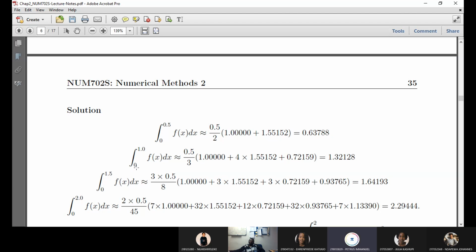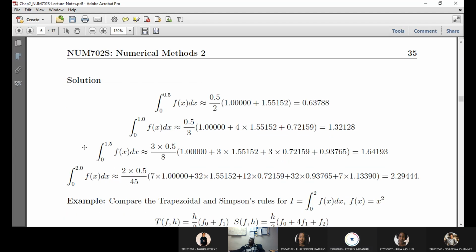The next one, Simpson's rule, we integrate from 0 to 1. For Simpson's 3/8 rule, we integrate from 0 to 1.5. So each time we increment the interval, and for the last one, Boole's rule, we integrate from 0 to 2.